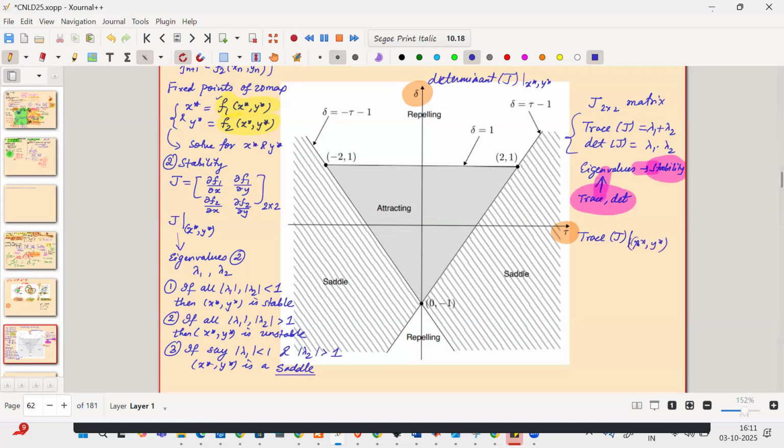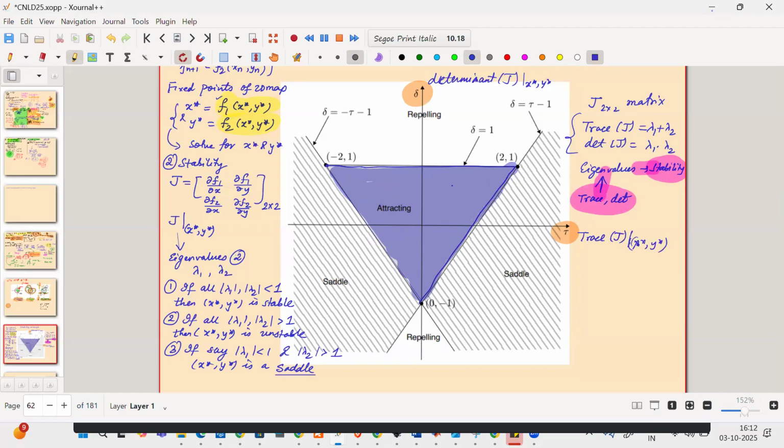Now, a very nice relation is that if your trace and determinant values fall inside this gray region, maybe I can mark it in blue, then your fixed point is stable.